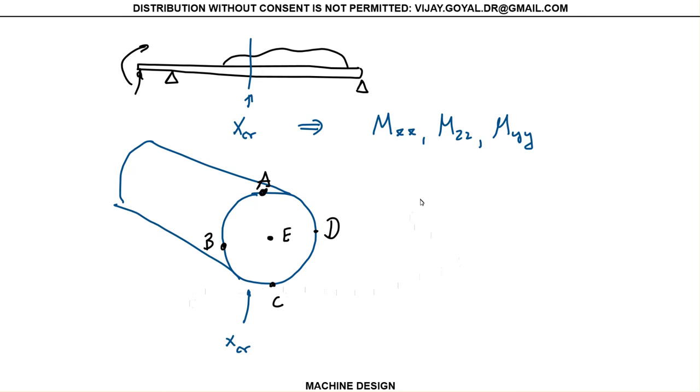We know that if I look at the cross-section seen from this side, this will be your Y, this is your Z, and your X goes upward.